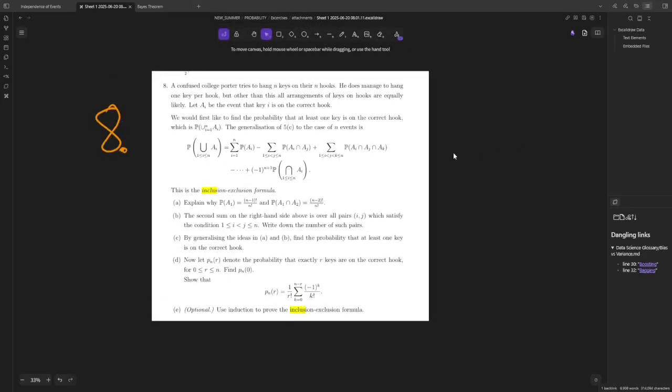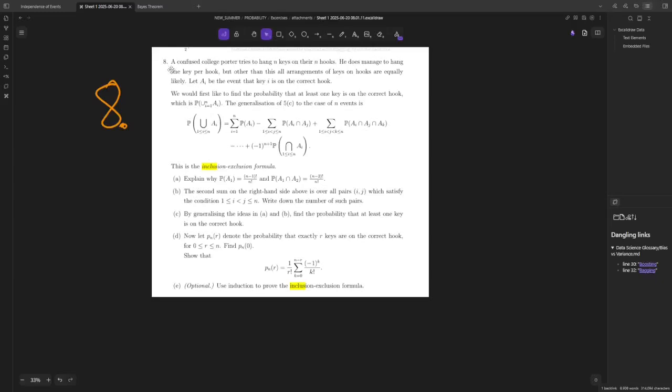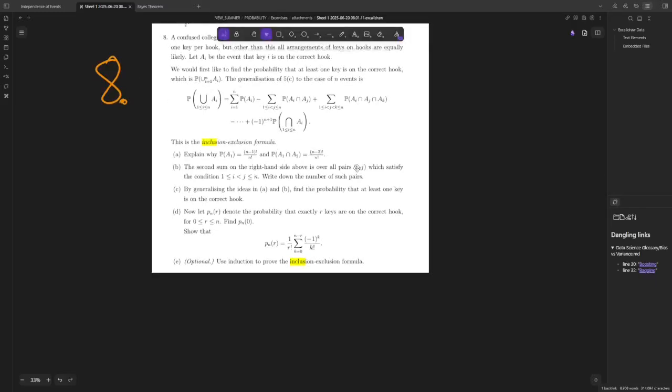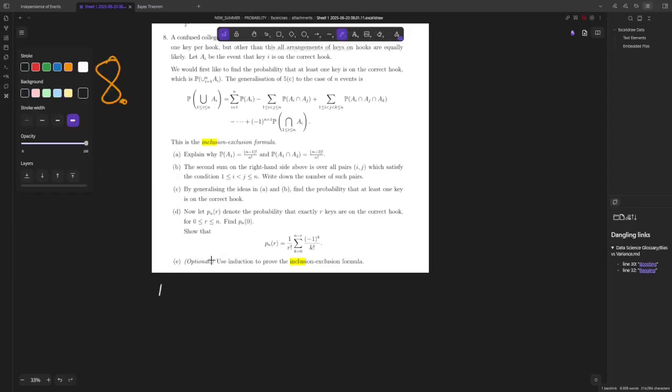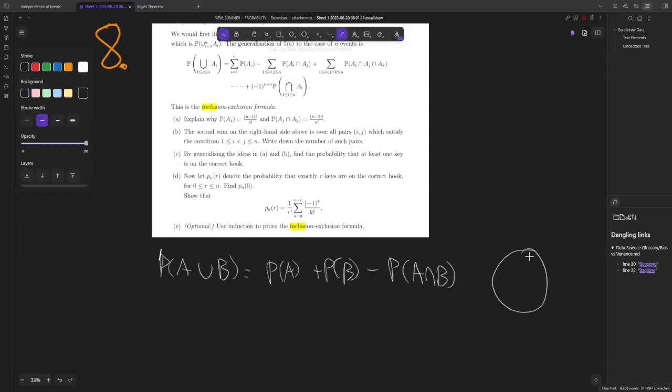Okay, so first of all, the inclusion-exclusion formula refers to knowing the probability of the union of events. The usual formula for two events is that the probability of A union B is equal to the probability of A plus the probability of B minus the joint probability, A and B. This is shown by considering the Venn diagram.